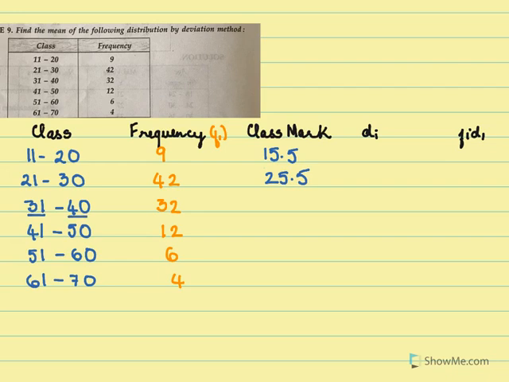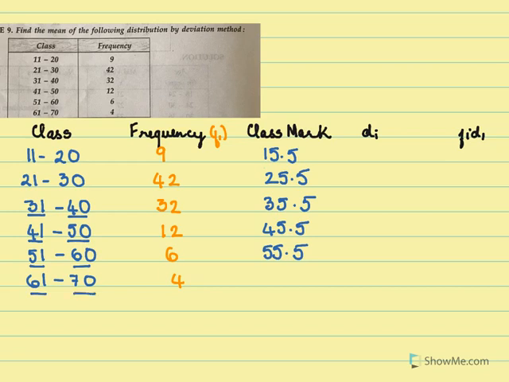So next one will be 31 upper limit plus lower limit divided by 2, and in this case you get 35.5. Here 41 plus 50 divided by 2, you get 45.5. 51 plus 60 divided by 2, this will be 55.5.